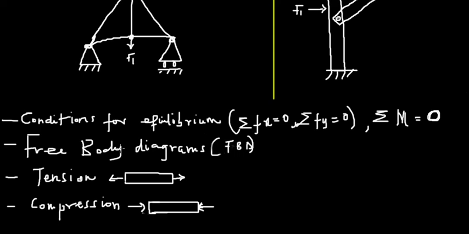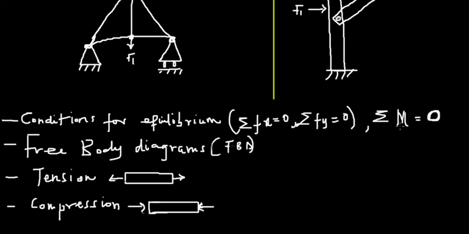Now we'll be looking at the conditions for equilibrium. We know what equilibriums are, that's where the two points are the same. So when we say the conditions for equilibrium for method of structures, it means that the summation of the forces on the x-axis has to be equal to 0, and the same applies to the y-axis.